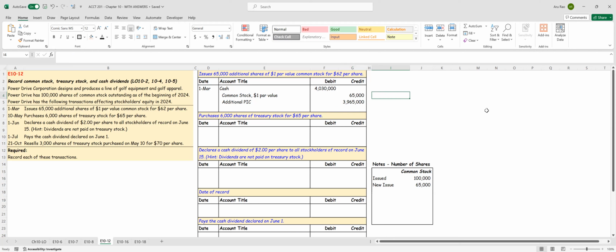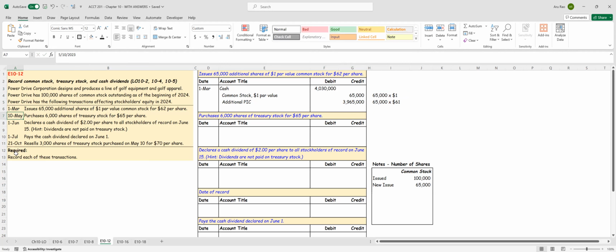This is 65,000 shares times $1. And this is 65,000 shares times $61. It was issued for $62 per share. We issued 65,000 shares, so obviously this number is 65,000 times 62.